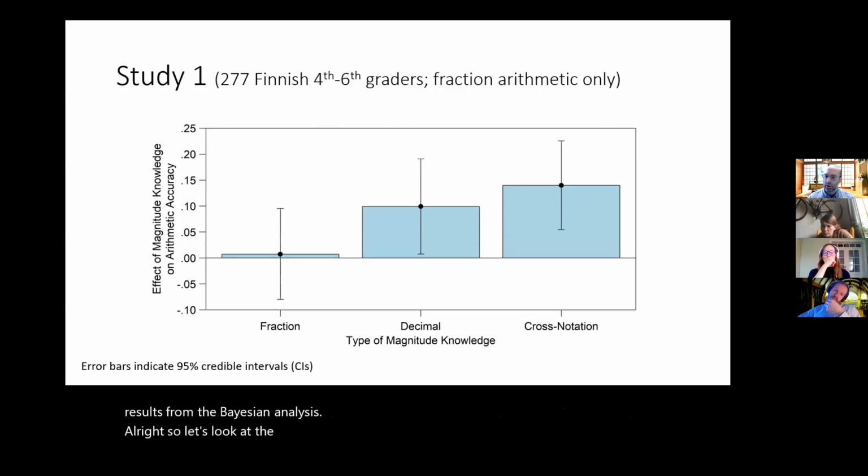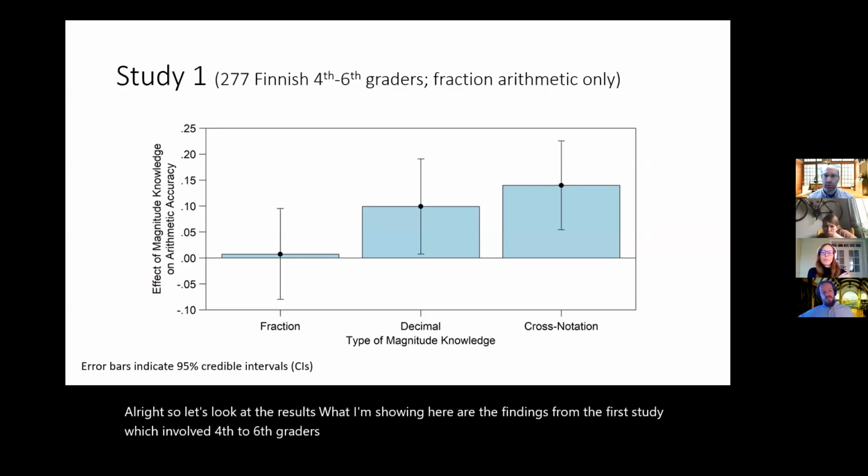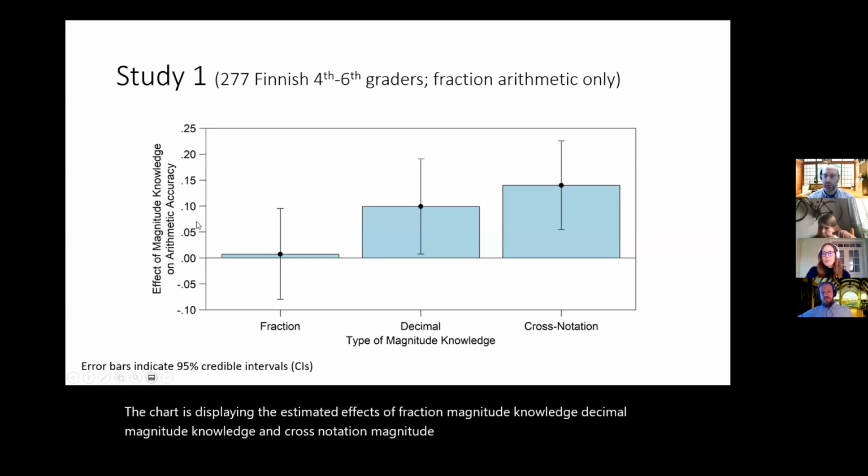What I'm showing here are the findings from the first study, which involved 4th to 6th graders in Finland and included fraction arithmetic only. The chart is displaying the estimated effects of fraction magnitude knowledge, decimal magnitude knowledge, and cross-notation magnitude knowledge on fraction arithmetic.